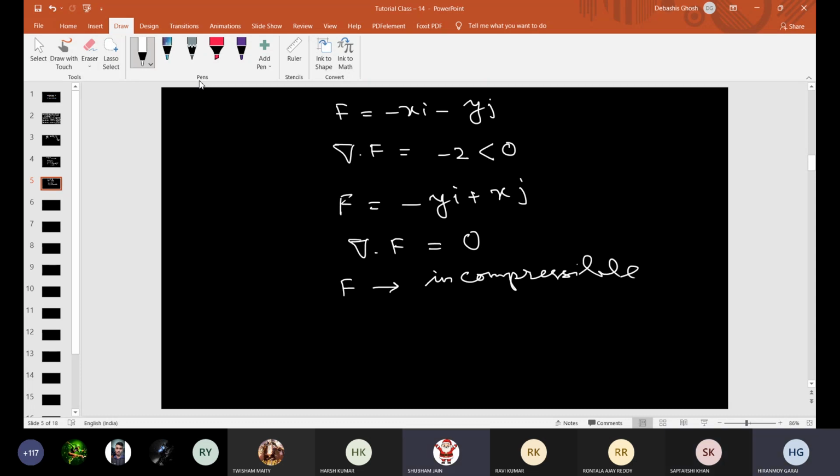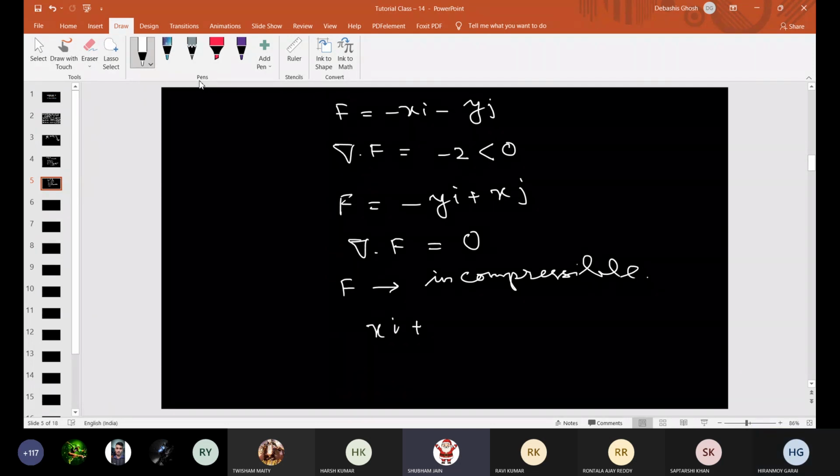If the divergence comes in terms of x and y, then what will we do?